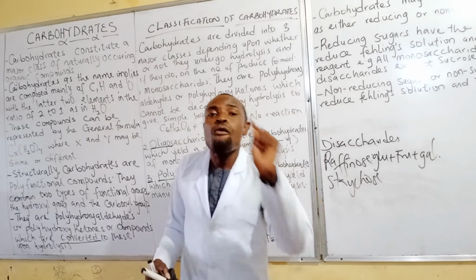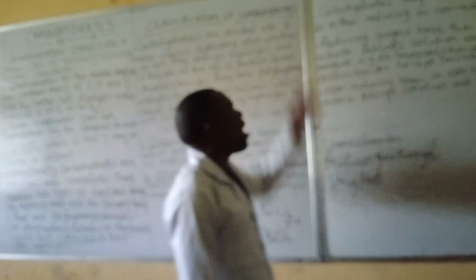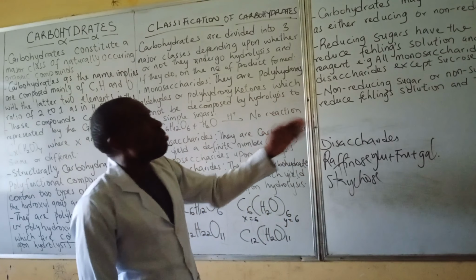So we have said that polysaccharides are carbohydrates with high molecular weights, such as starch and cellulose. Then we move ahead quickly. Carbohydrates may also be classified as either a reducing sugar or a non-reducing sugar.